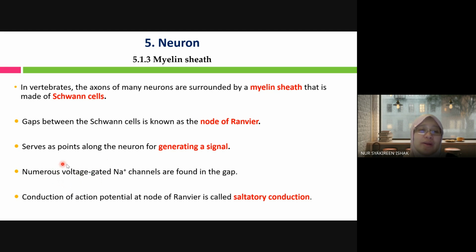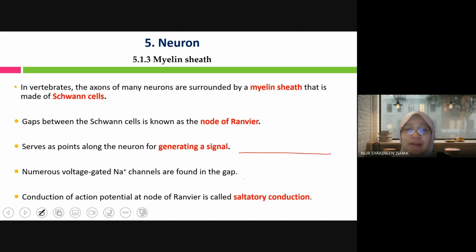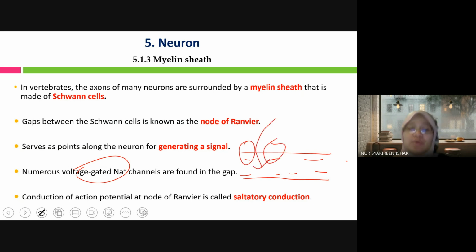There will be numerous voltage gated sodium ion channels. Why is sodium needed? In the neuron, in the resting state, it is negatively charged. When the voltage gated channel opens, it causes sodium to enter, changing the membrane potential from negative to positive.